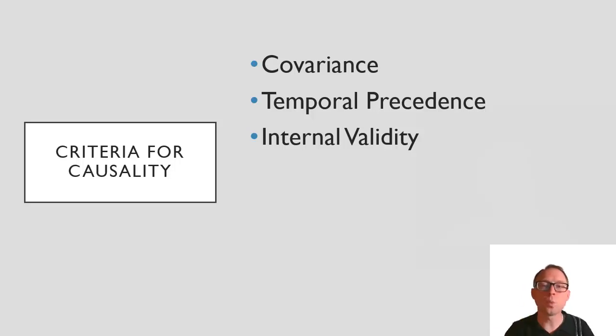And covariance is one of those parts. So covariance just means as one thing goes up, the other thing goes up, right? That's all that means. So let's talk about this in a bivariate way, and then we'll add some more variables and talk about what that means.